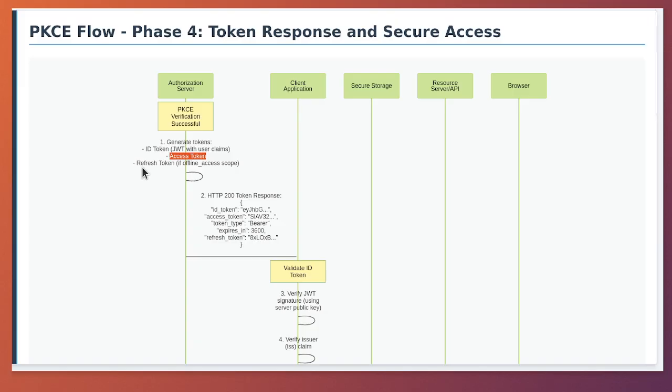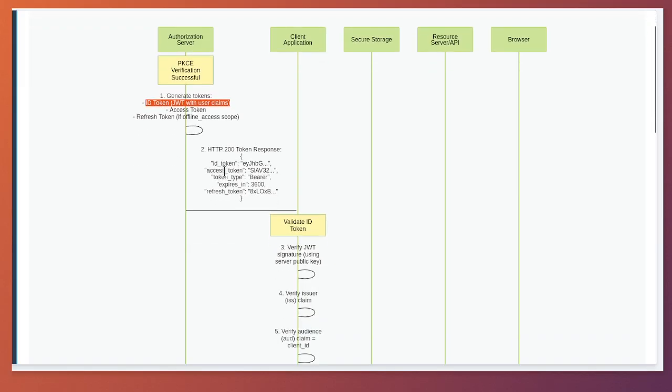It might be a JWT with embedded claims, or it might be an opaque random string that the resource server must validate by calling back to the authorization server. Access tokens have limited lifetimes, typically ranging from 1 hour to 24 hours depending on security requirements. The response also includes an ID token, which is specific to OpenID Connect and provides information about the authentication event and the user's identity.